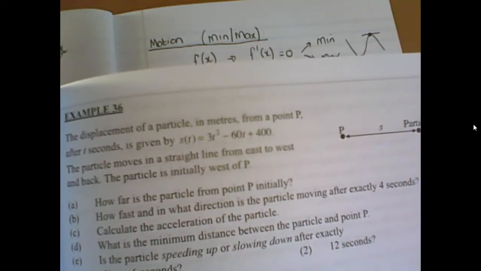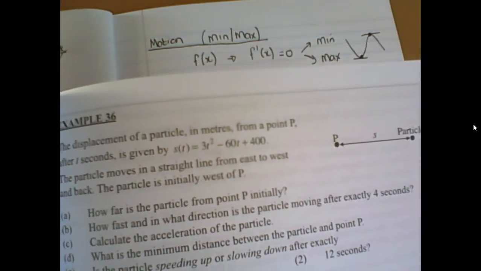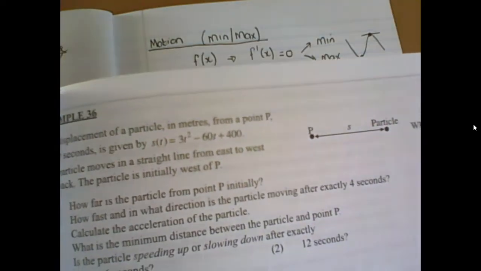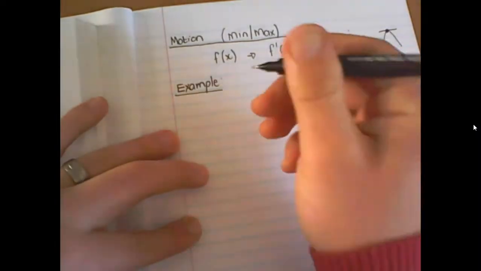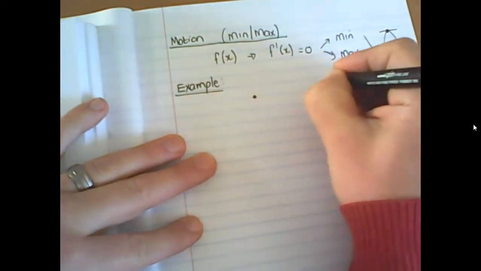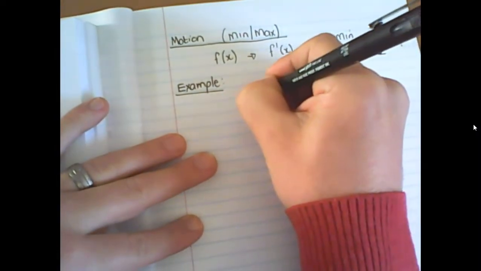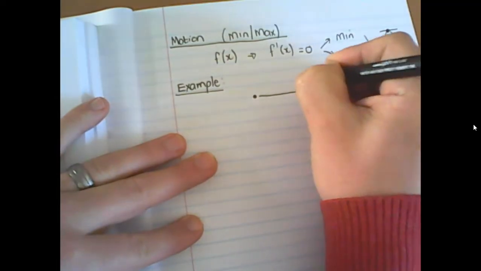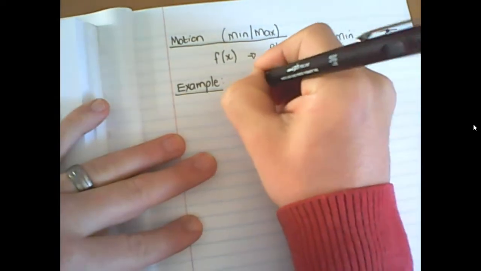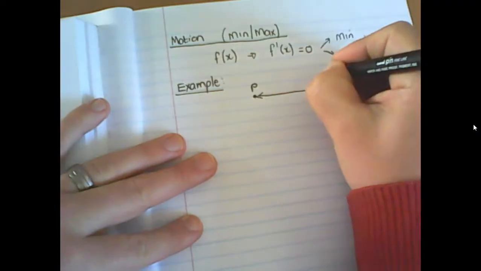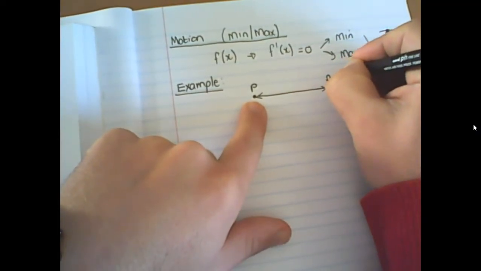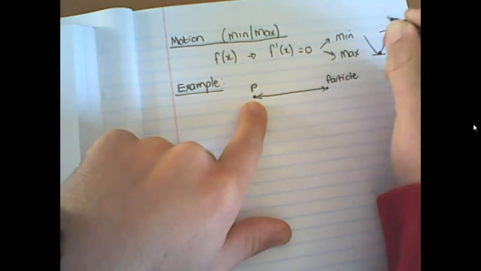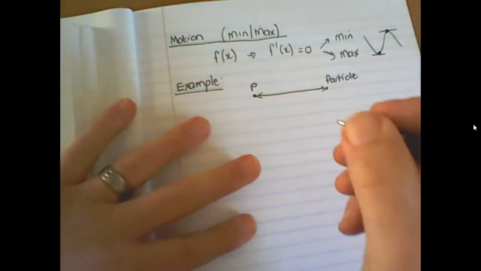Now they ask us, how far is the particle from point P initially? So let's just make a little bit of sense of what we have. The motion question is a bit of physics. So here we have a point P, and here we have a particle, and it's basically moving.